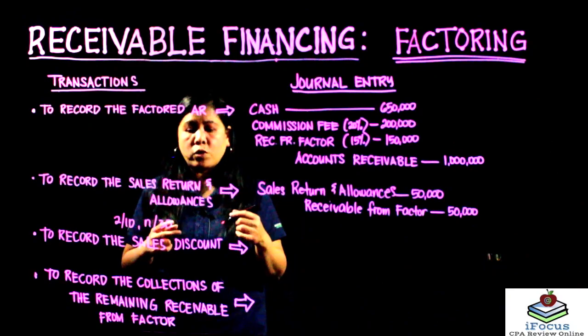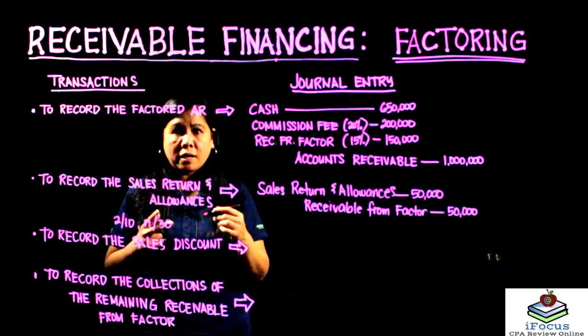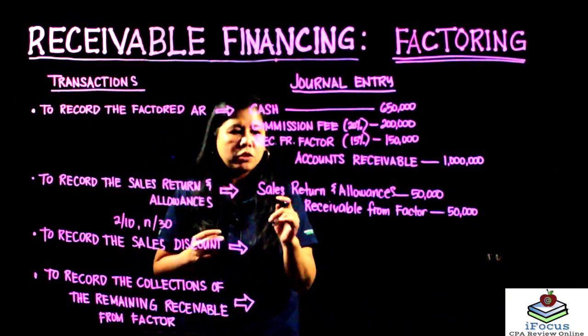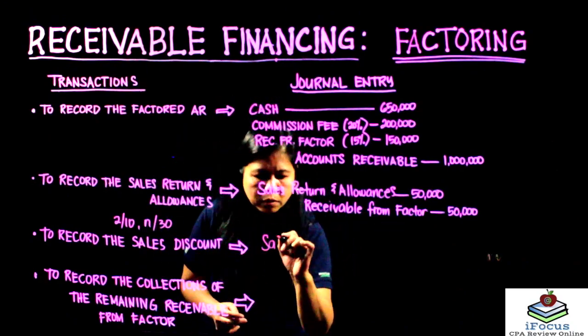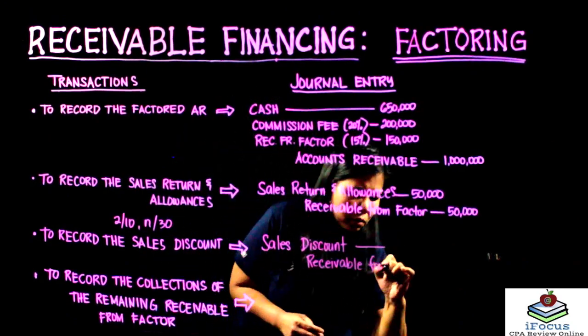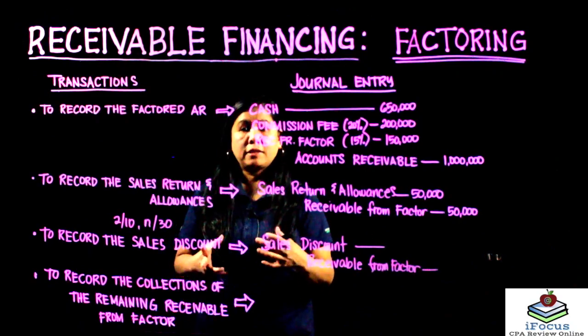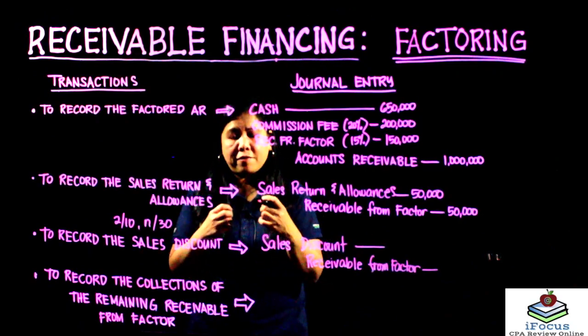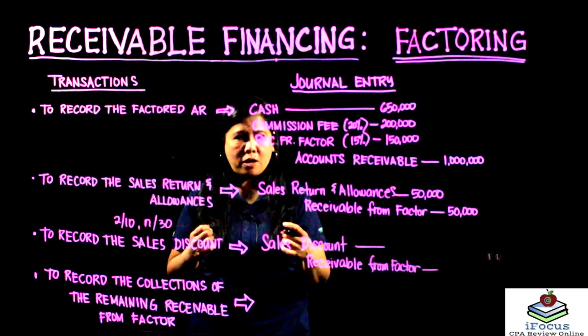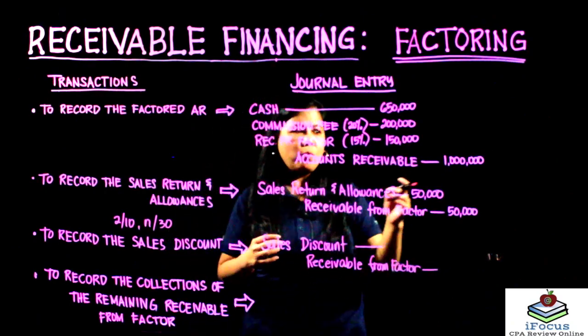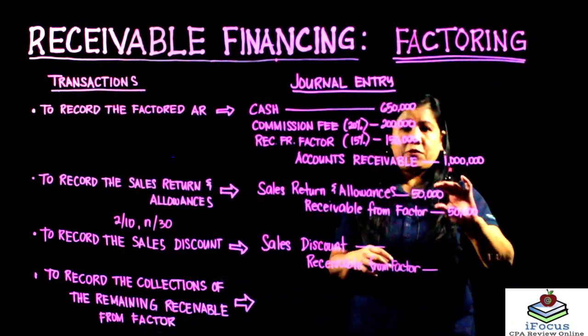Our entry for sales discount is debit to sales discount and credit to the receivable from factor. How much is our sales discount if everybody avails the 2% discount? So our discount will be 1 million less the 50,000.